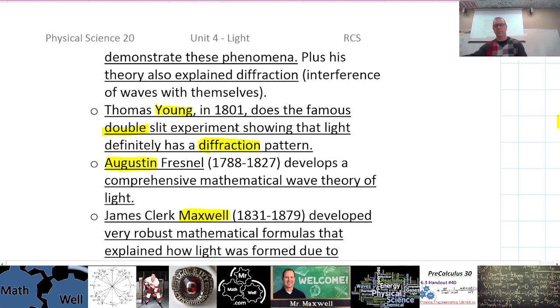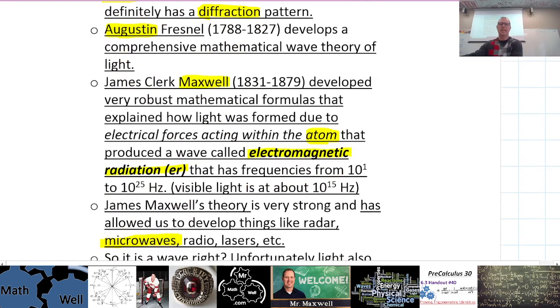Augustin Fresnel, I guess it really should be pronounced Fresnel, develops a comprehensive mathematical wave theory of light. This is in the late 1700s. And here's Uncle Jimmy, James Clerk Maxwell, in the mid-1800s, developed a very robust mathematical set of formulas that explained how light was formed due to electrical forces acting within the atom that produced a wave called electromagnetic radiation.